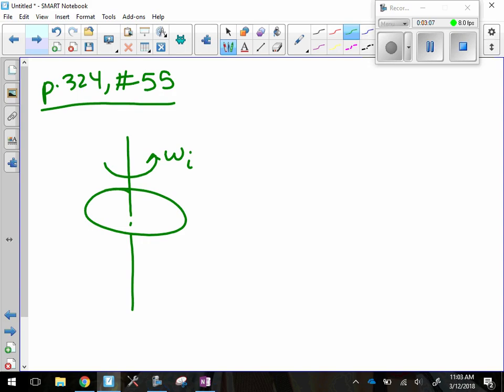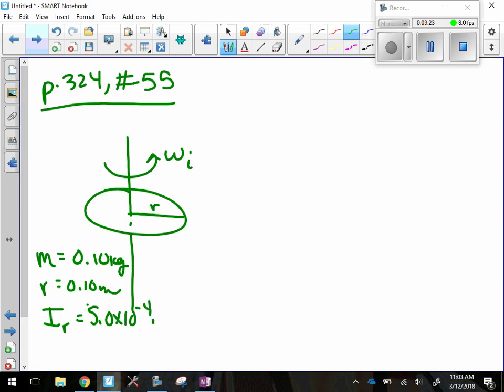The mass of the record is 0.10 kilograms. The radius of the record is 0.10 meters. I of the record is 5.0 times 10 to the negative fourth kilogram meters squared, and my omega initial is 4.7 radians per second. Yes? All the info that we got?